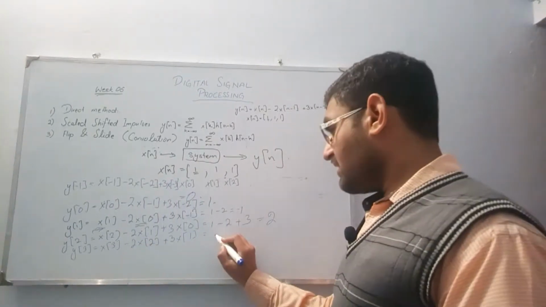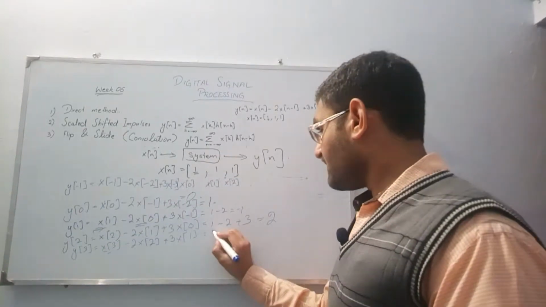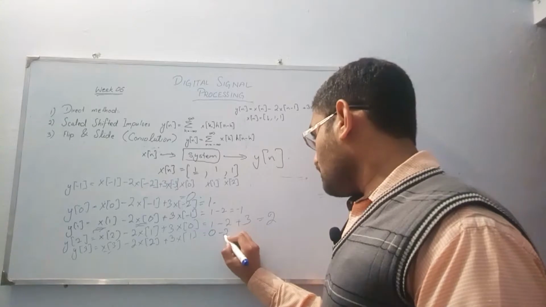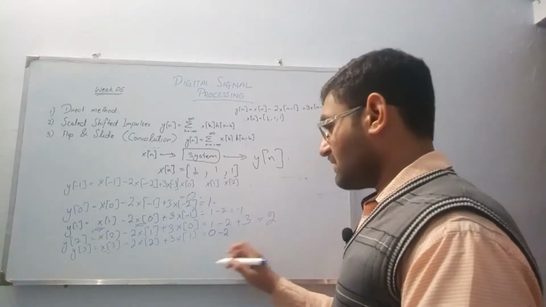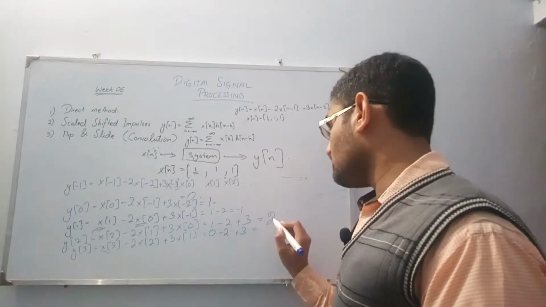So again x of 3 is 0 because there is no x of 3. Then minus 2 into 1 plus 3, it comes out to be 1.